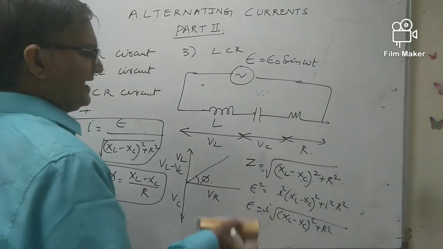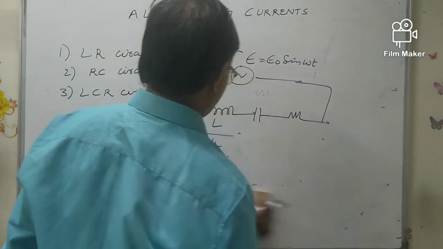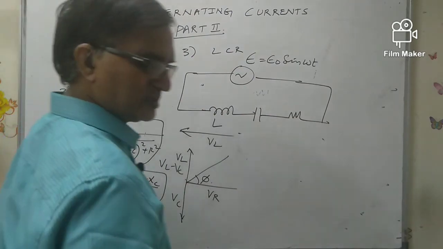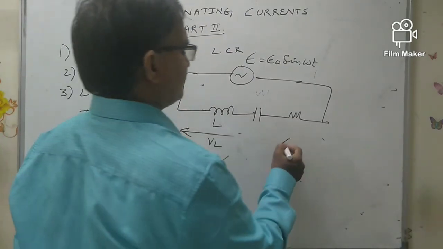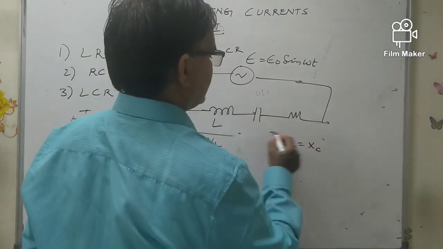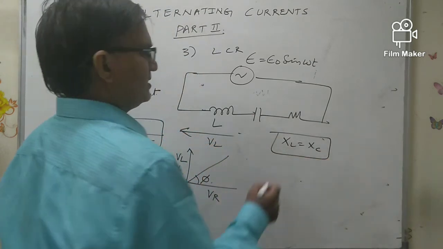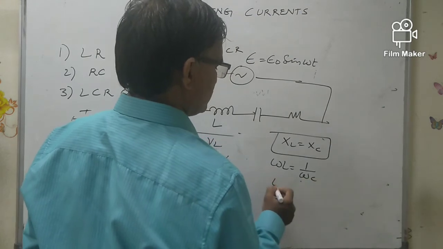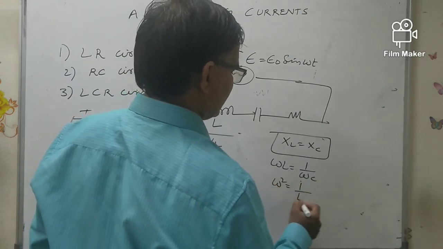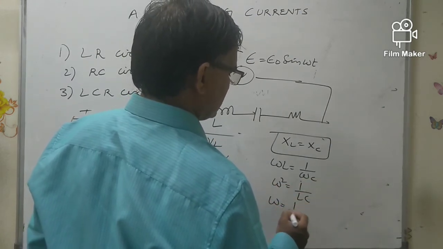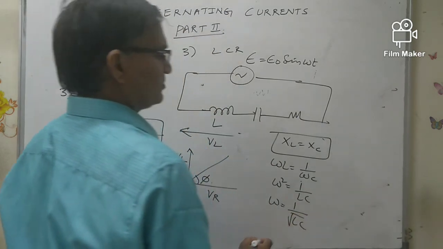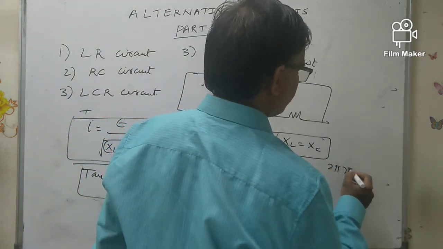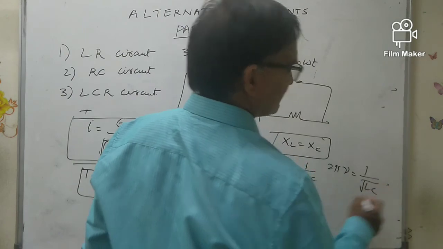Now the condition: suppose XL is equal to XC, that is called the resonance condition. XL is omega L, XC is 1 by omega C, so omega square is equal to 1 by LC, or omega is equal to 1 by root over LC, that is 2 pi nu is equal to 1 by root LC.